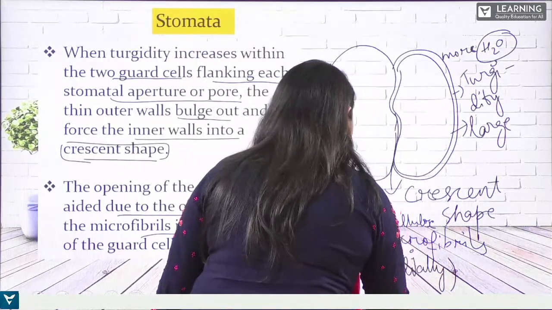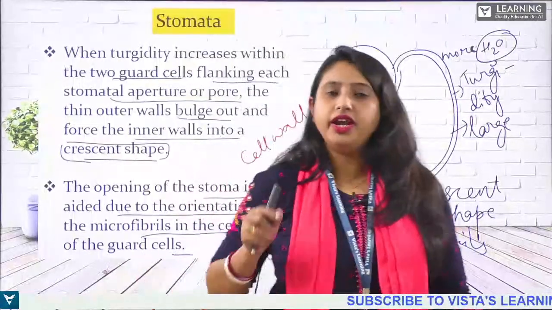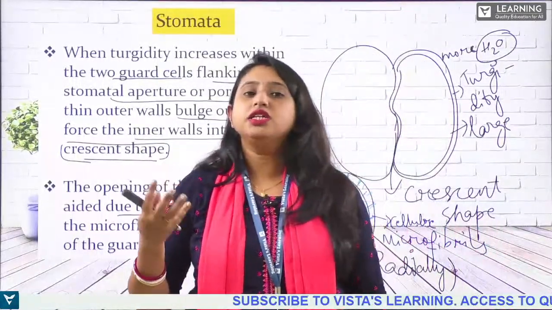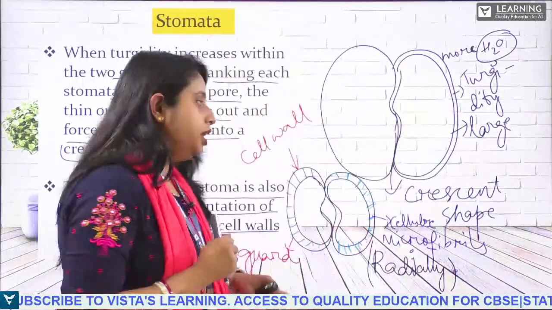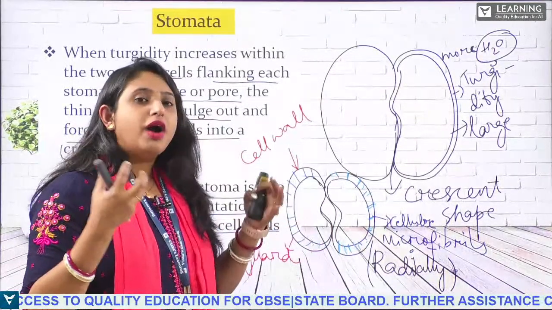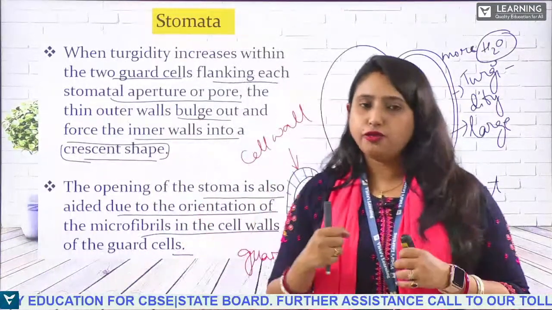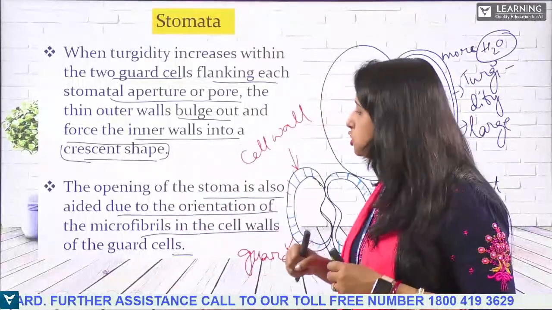Now, the arrangement of these microfibrils in a radial fashion helps in the opening and the closing of the stomata. So you can see that the microfibrils are arranged radially, right? These cellulose microfibrils help in the opening and the closing of the stomata.